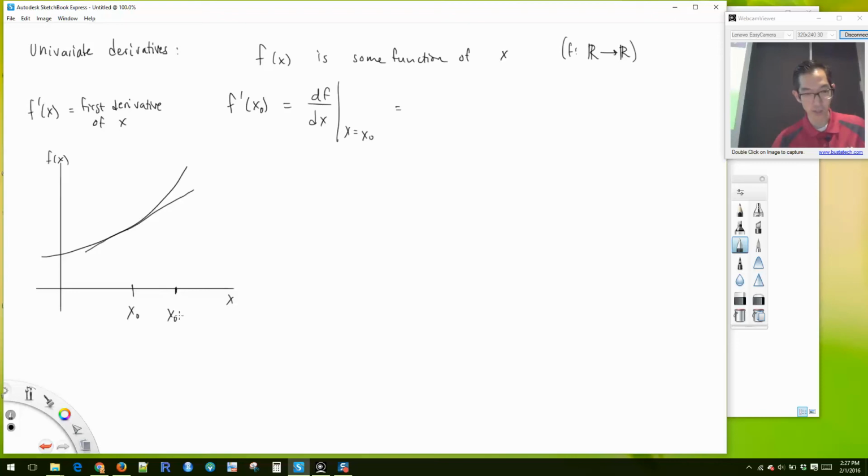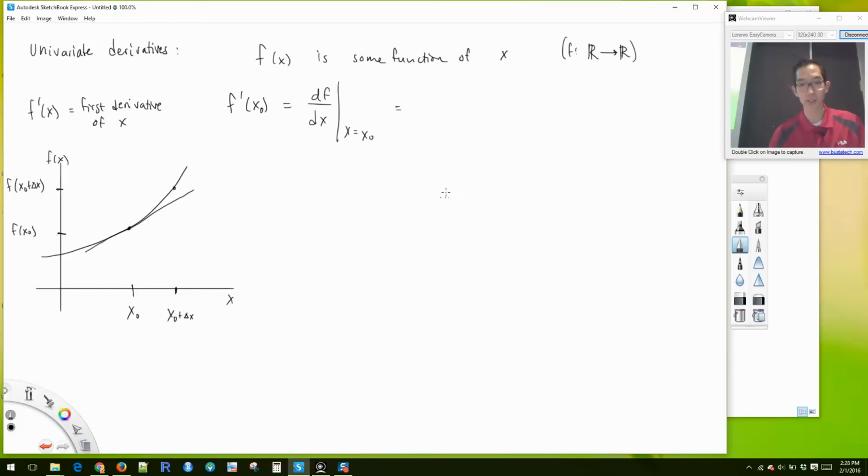So we have x0 plus delta x, and then we evaluate the function at f of x0, and also at f of x0 plus delta x.